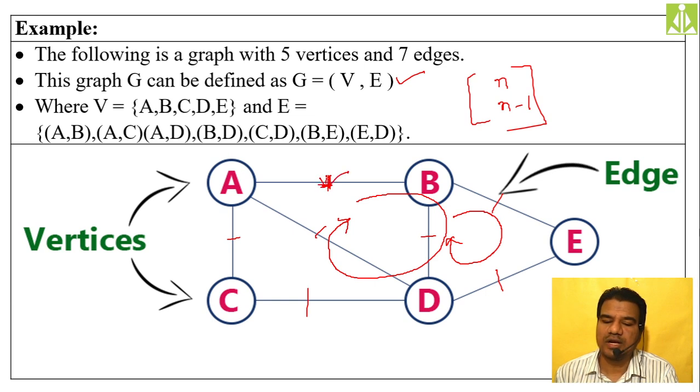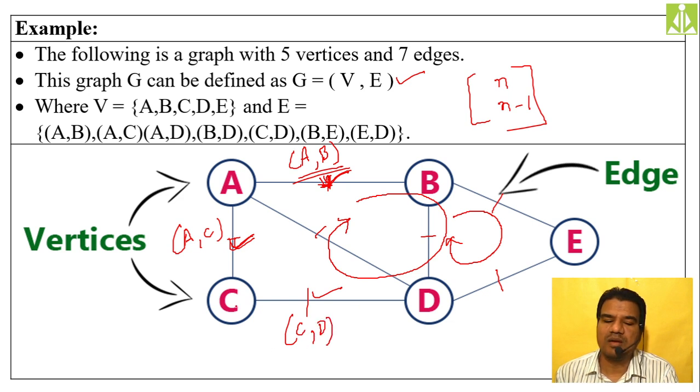Simply take parentheses and write down the two endpoints: A is one endpoint and B is another endpoint. So this is the representation of an edge. Similarly, this edge is A comma C, because A is one endpoint and C is another. And this particular edge, C to D, we represent simply as C comma D.